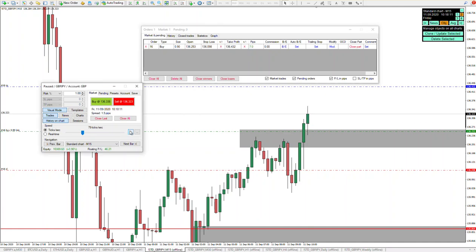So the first M15 candle closed bullish, 7 pips. I think it was like 10 pips. Probably I have to be careful. Put the speed down.